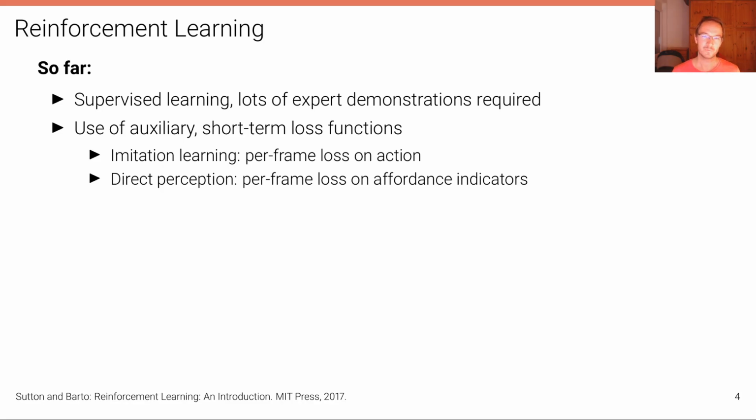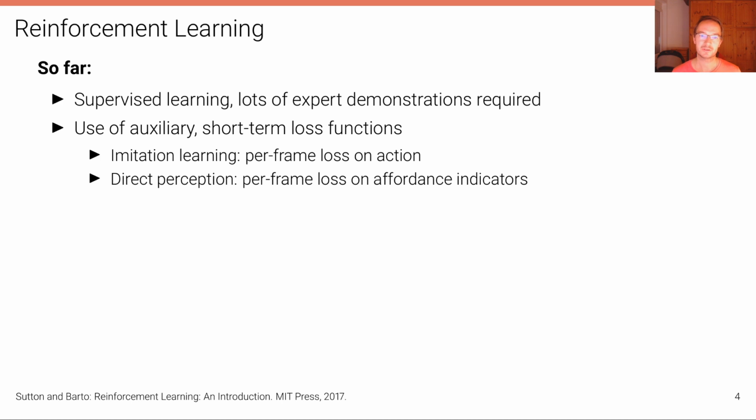So far, we've considered supervised learning. Imitation learning was a supervised learning problem. It required lots of expert demonstrations, and we're basically trying to mimic an expert. Now, the disadvantage of this is, of course, that first of all, we have to have access to these expert demonstrations, but also these loss functions are actually not the loss functions that we want to optimize ideally.